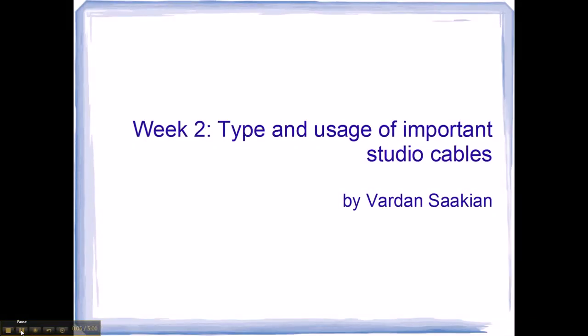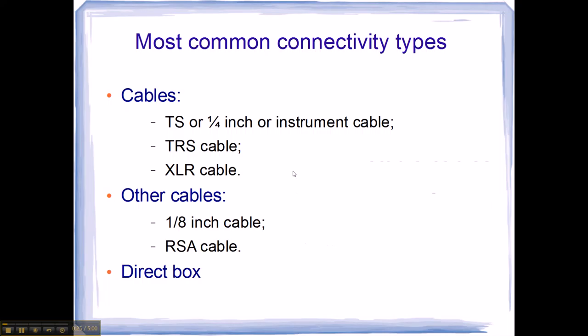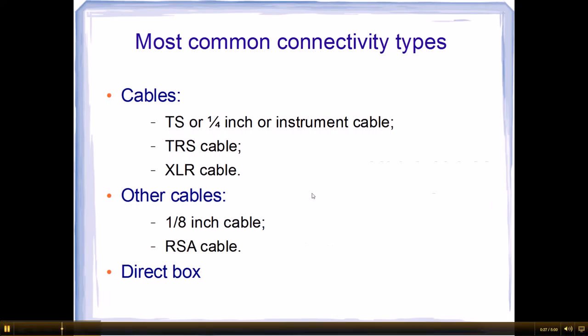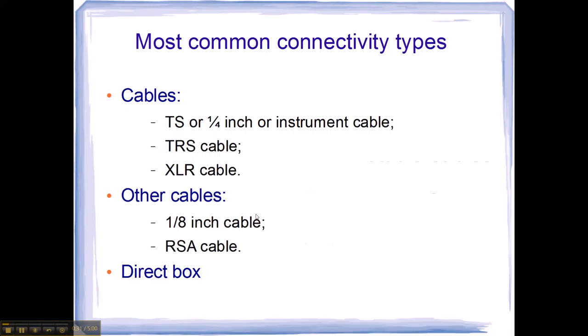My name is Vardan, I'm from Stockholm, Sweden, and today I would like to talk about the type and usage of different and important studio cables. The types of cables I would like to go through today are, first of all, the most common ones like TS cables or quarter-inch cable, also called instrument cable.